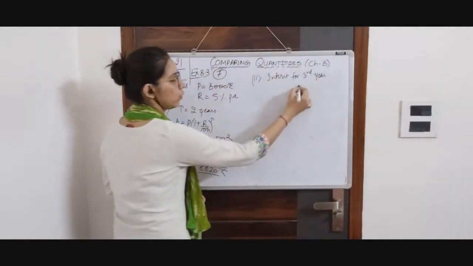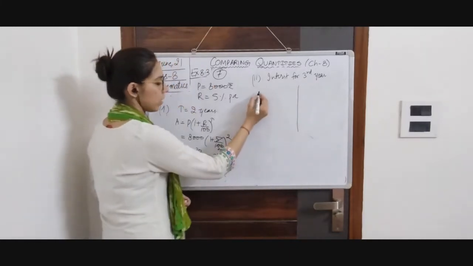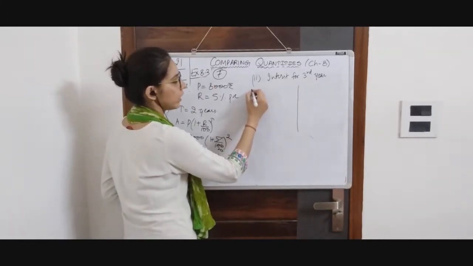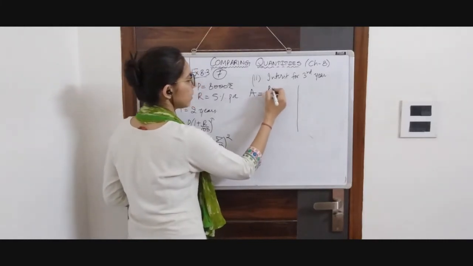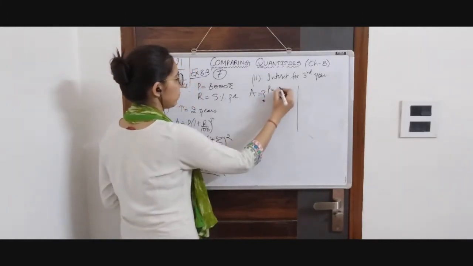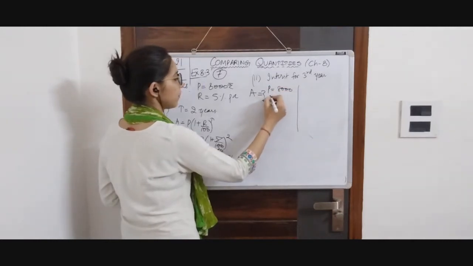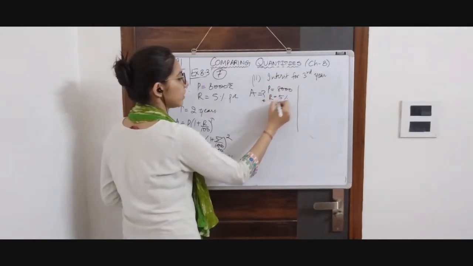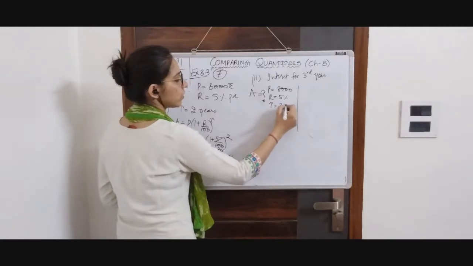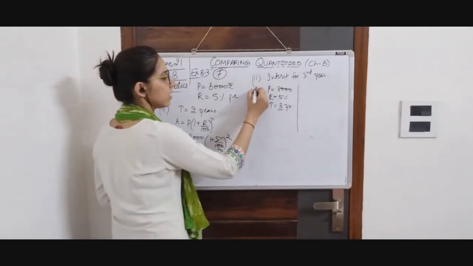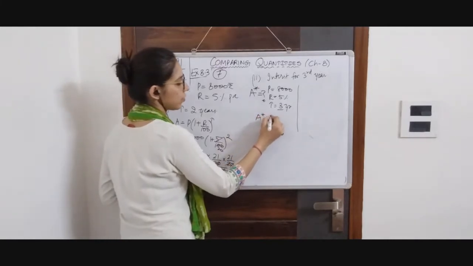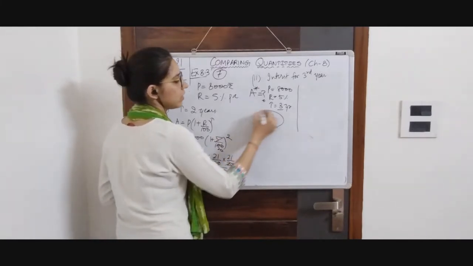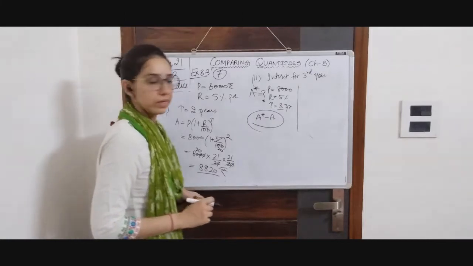First one is we can calculate the amount where P is 8000, R is 5%, T is equal to 3 years, and then subtract the amount after 2 years from this one. This will be your interest for third year.